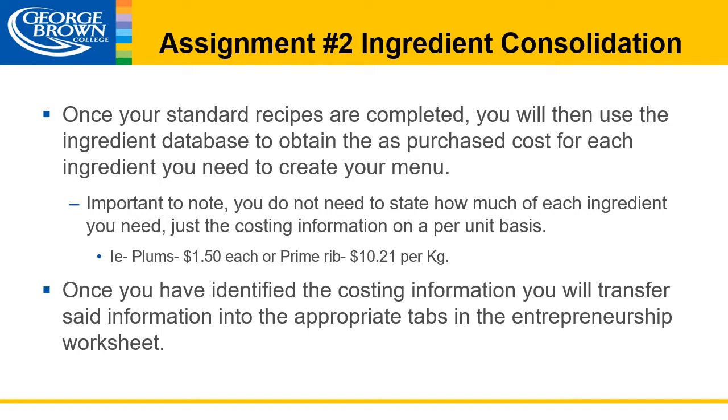You find plums on that list and you find its costing information. Okay, that's what it would take to purchase that product. You don't have to specify how much of the product you want to purchase, just the purchasing price per unit.